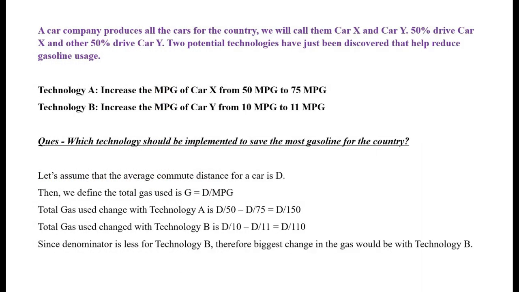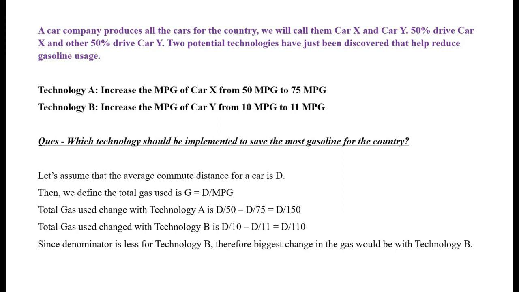So in the next question, let's say a car company produces 2 cars, car X and car Y. Now they have also developed 2 technologies to reduce gasoline usage. Technology A has been implemented on car X, and technology B has been implemented on car Y. Now the benefits we have seen in both the technologies are as follows.